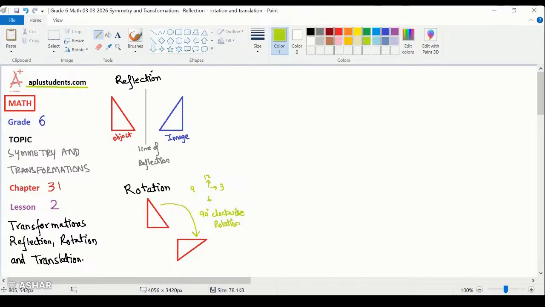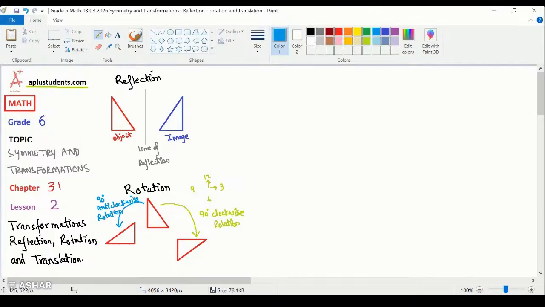But if ever we move against the direction of the clock, if this was the object given to us and we would move against the direction of the clock, the shape would move in this direction. So if we are moving against the direction of the clock, we say 90 degrees anti-clockwise rotation.